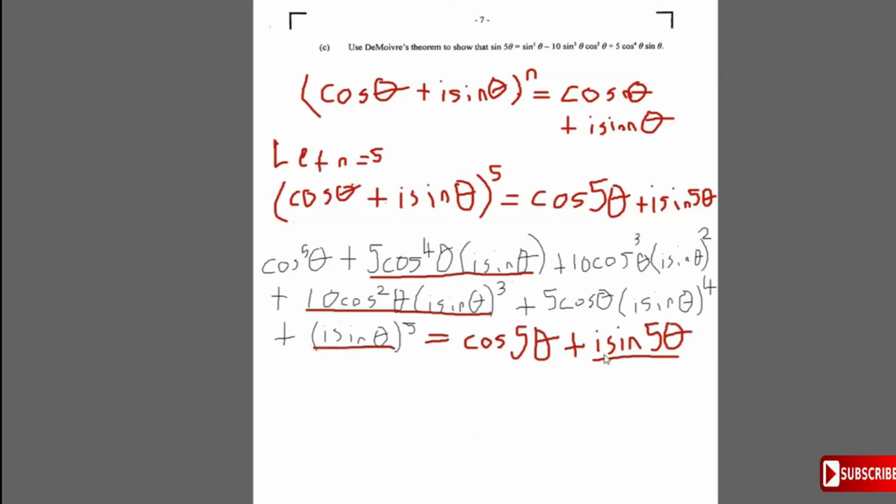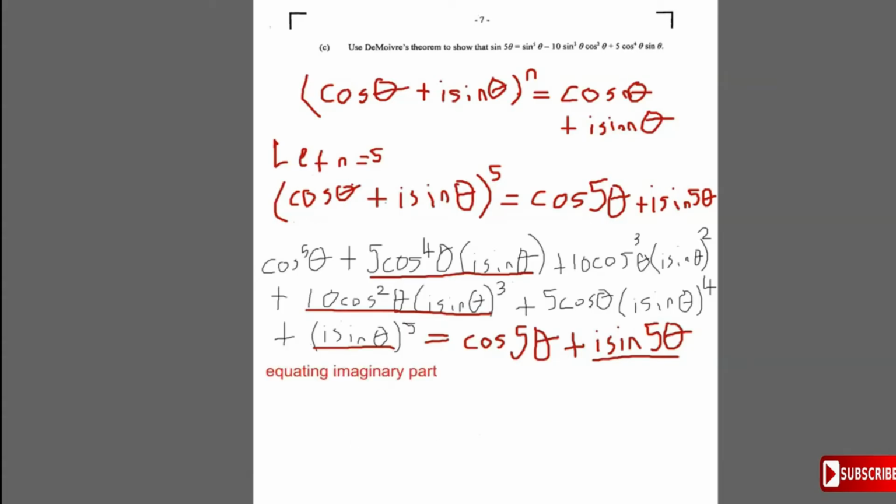All right? So now we're expanding the left-hand side with just the imaginary part.